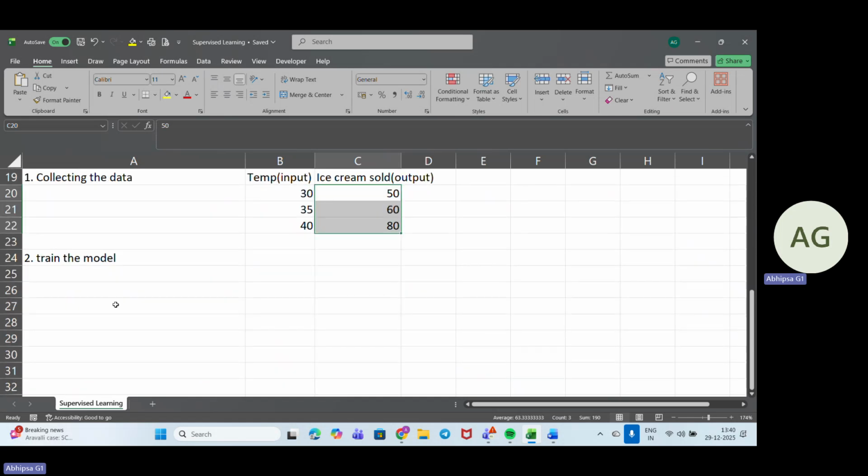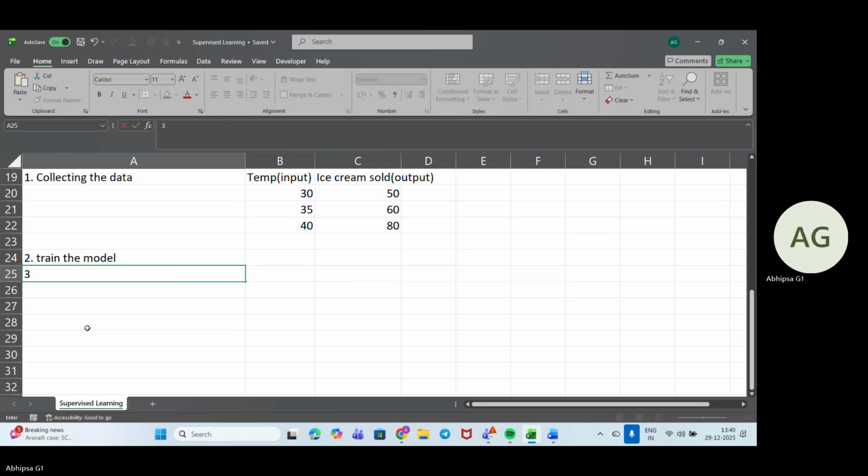Now coming down to the prediction part. Suppose you ask the model: today the temperature is 37 degrees, so how much ice cream will be sold? The model tries to find the pattern in the training set and utilizes that understanding in the prediction phase.